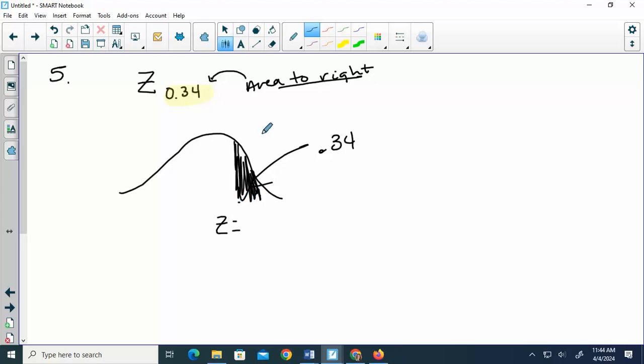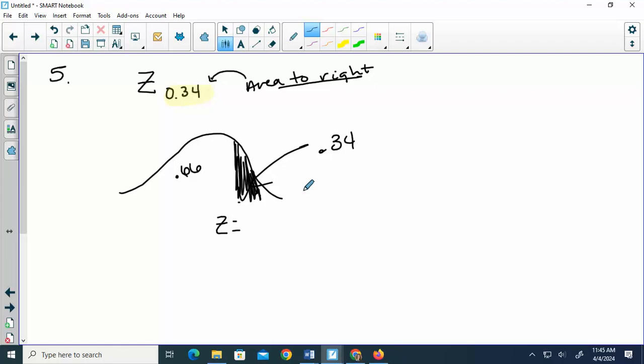So look at your normal table. Look at our formula sheet. If you look at the top of the normal distribution, it tells us this table is giving us area to the left. So how do I find my area to the left? So it's just like 1 minus 0.34 tells me I'm going to be looking for 0.66. So we go inside the table because 0.66 is the area.